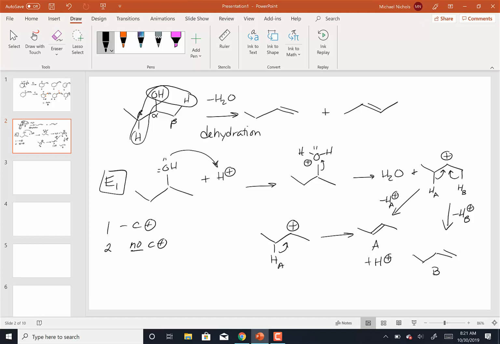So the transition state then, we're going to have partial bonds on any bond we're breaking and partial bonds on any bonds we're making. So that means we have a partial bond to this hydrogen and the partial double bond.